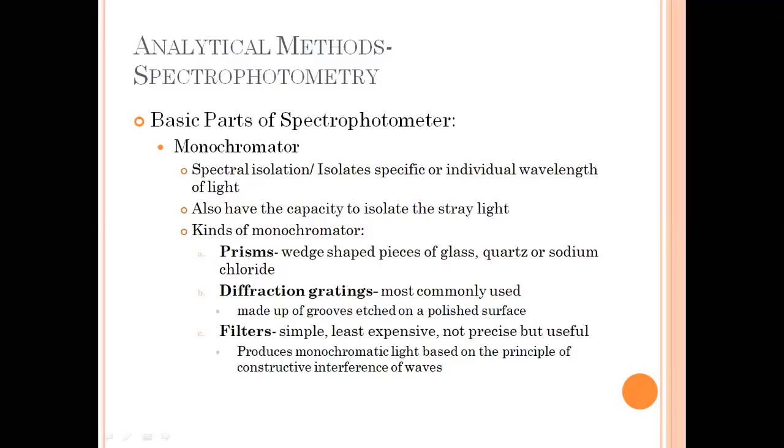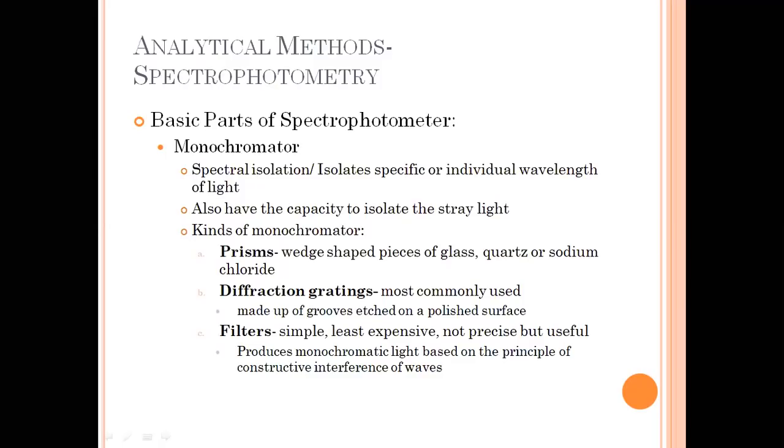And then lastly are your filters. Filters are considered the simplest and least expensive, however not precise but useful. Filters produce monochromatic light based on the principle of constructive interference of waves.